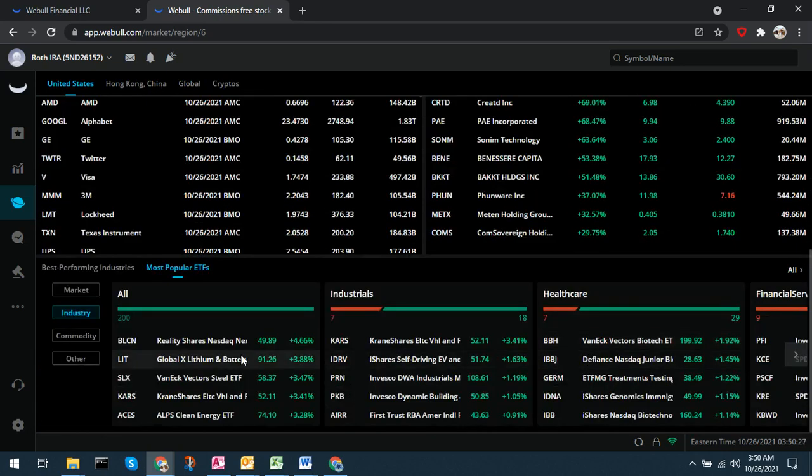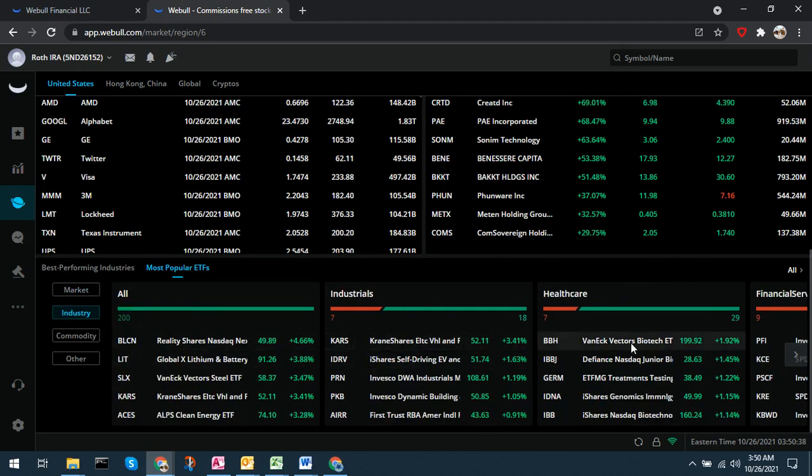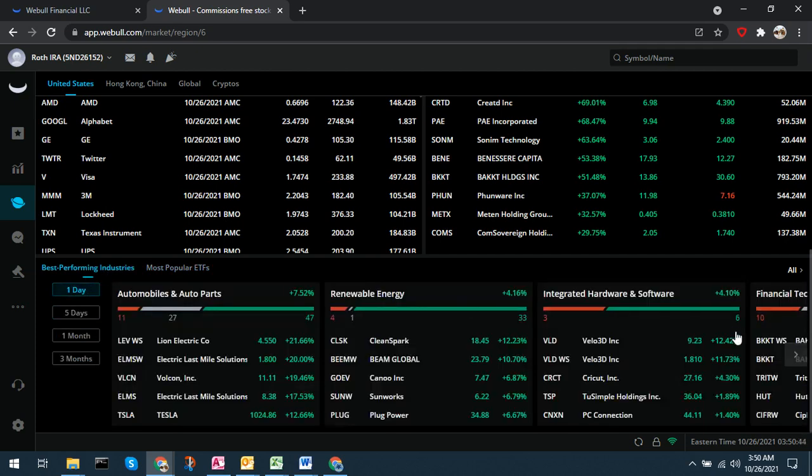Again, we like to watch this for movement intraday to see if the industries are shifting. Are the flows in the markets shifting during the day? These will move. The most popular industries, the best performing industry will move as they get more popular or less popular intraday.